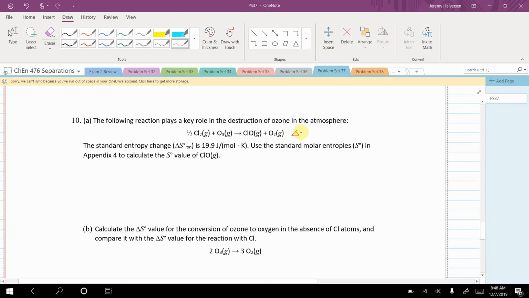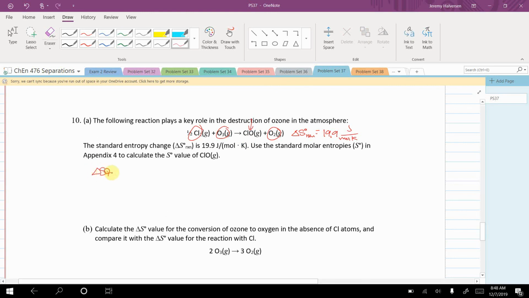We know the total delta S of the reaction equals 19.9 joules per mole K. And we should remember that that is going to equal the entropy values of the products minus the reactants. And they want us to look up everything. Let's look up that one, that one, and that one, so that we can find that one. And you could ask, why don't we just look up ClO as well? You're right, you could, but that defeats the purpose of the problem.